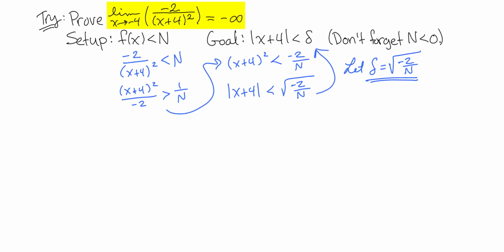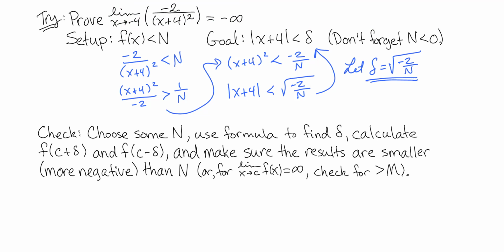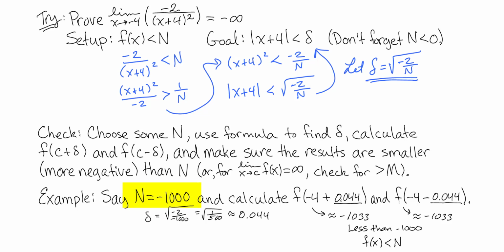We can check this work by choosing some value of n, using the formula to find delta, and calculating the function at c plus or minus delta, and then make sure that the results are smaller, more negative than n. Or if we were checking something for going to positive infinity, we would check that the values were larger than m. In our example, let's say n equals negative 1,000. So then delta would equal the square root of negative 2 over negative 1,000.